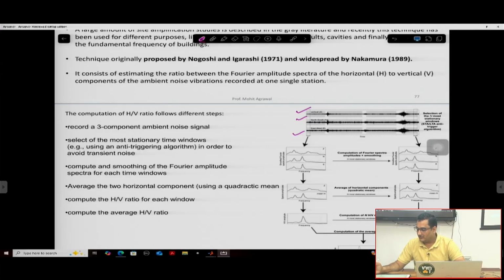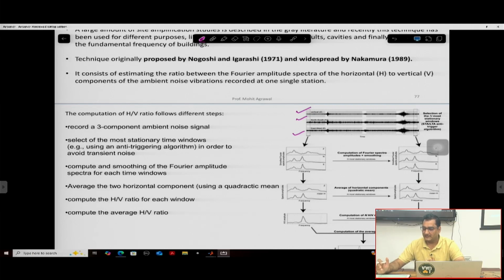Now what you are required to do is divide this entire continuous recording into a number of stationary time windows. Stationary time windows means the signal's mean, variance and frequencies in each window are not changing much; it is quite stable.